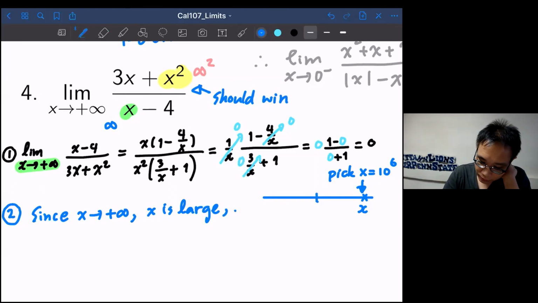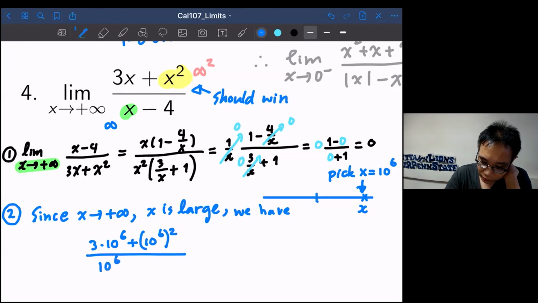So we have 3 times 10 to the 6 plus 10 to the 6 squared over 10 to the 6 minus 4. You see that on top it's going to be 10 to the 12. I don't want the number, I want the sign, so it's going to be positive. And on the bottom is also positive, so it becomes positive.